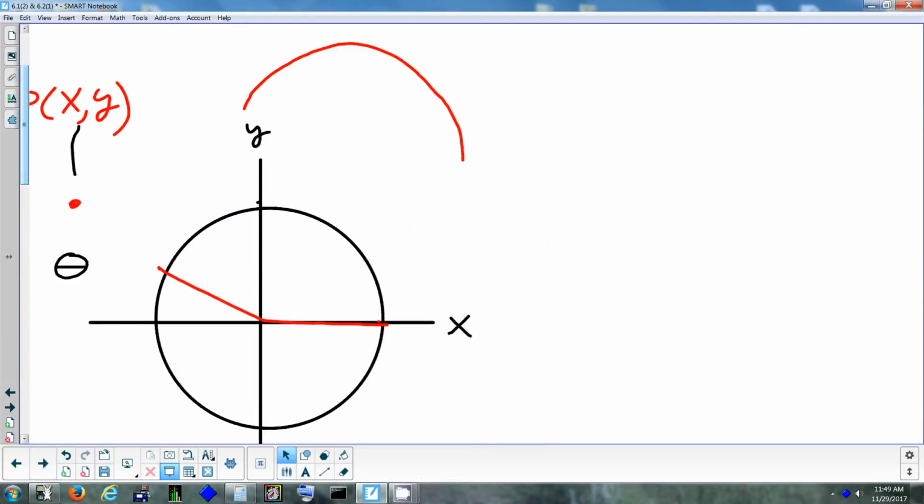When you draw that angle, the terminal side is going to hit the edge of the circle somewhere. In that particular angle, it hits it right there. Well, that point has a coordinate. And that's the goal of unit circle trig: figure out that coordinate.